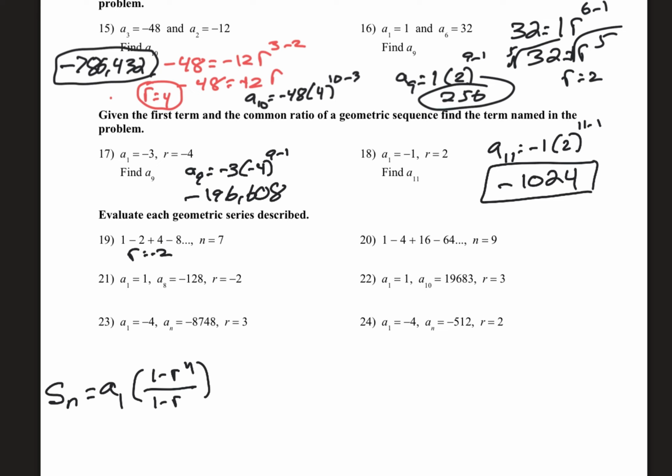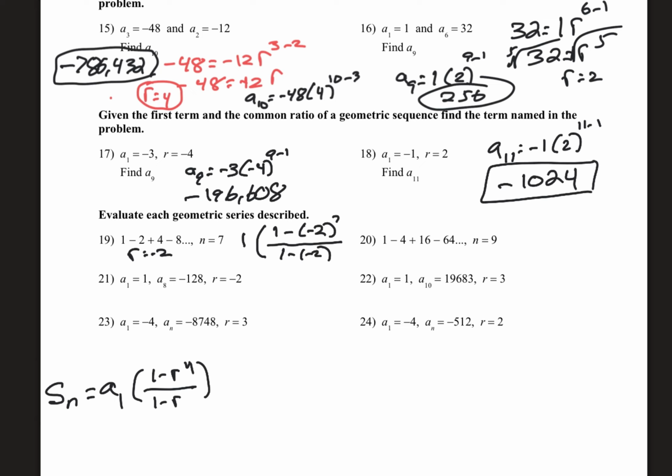So then we're going to have a1, which is 1, times 1 minus negative 2 to the n. That's an n. N value is 7. All over 1 minus r, so 1 minus negative 2.